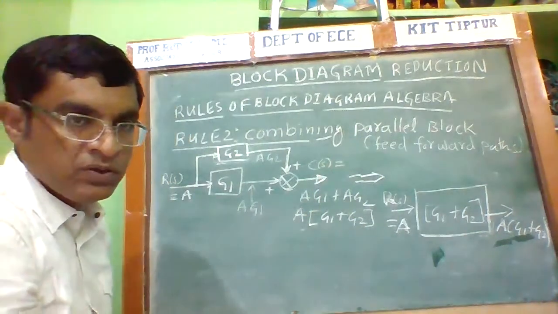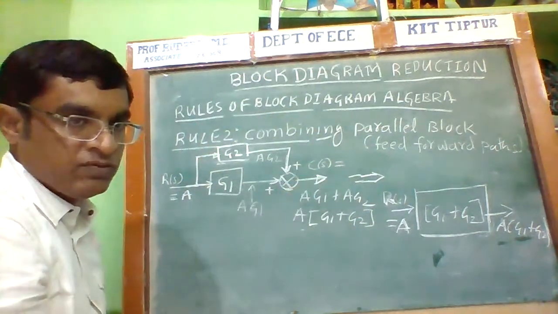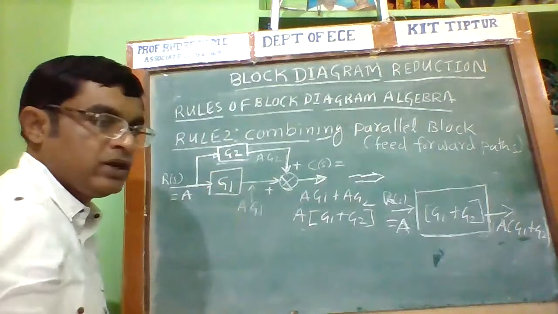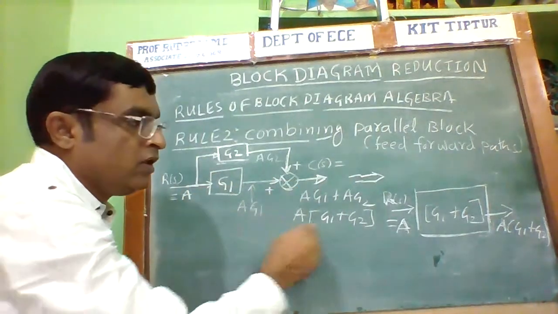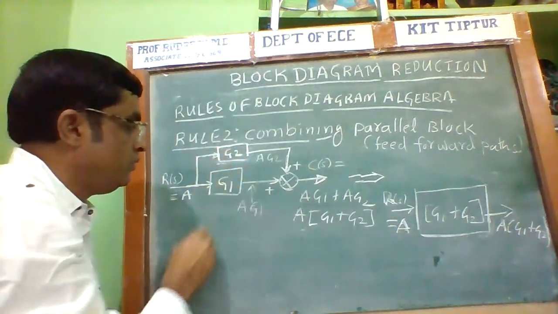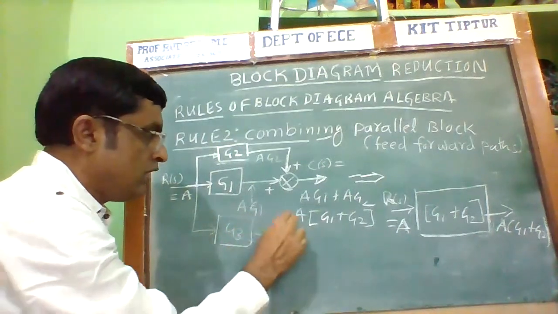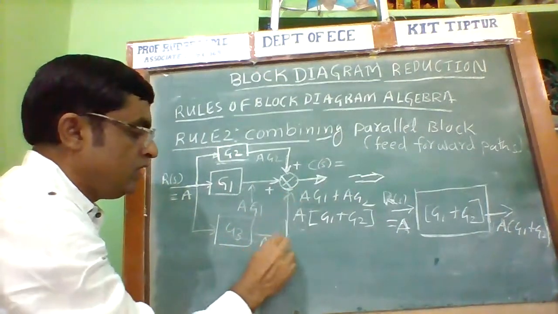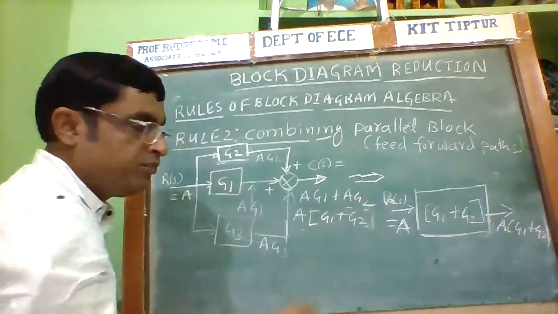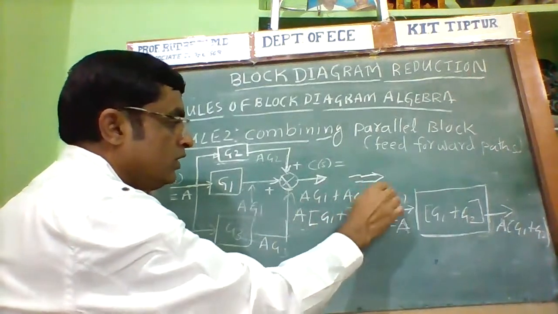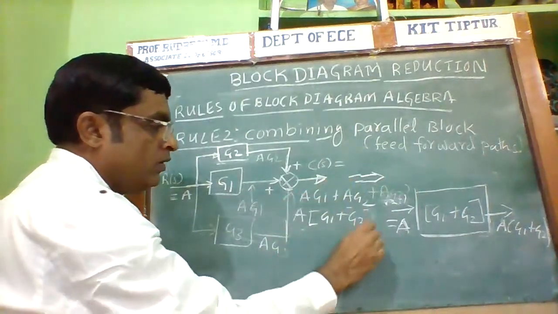If more blocks are connected, then we need to add the corresponding G1, G2. If the blocks are connected in cascade, three blocks, again suppose G3 is another block connected, and here also A into G3, the output is equal to A plus A into G3, that is AG1 plus AG2 plus AG3.